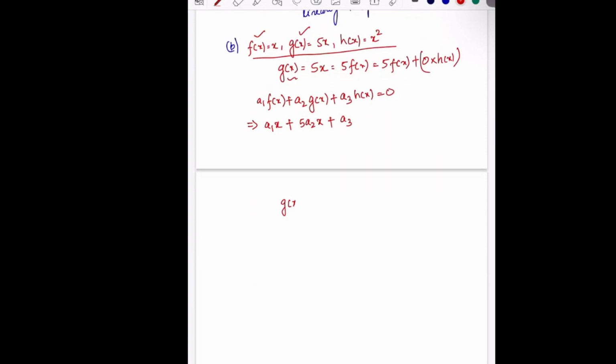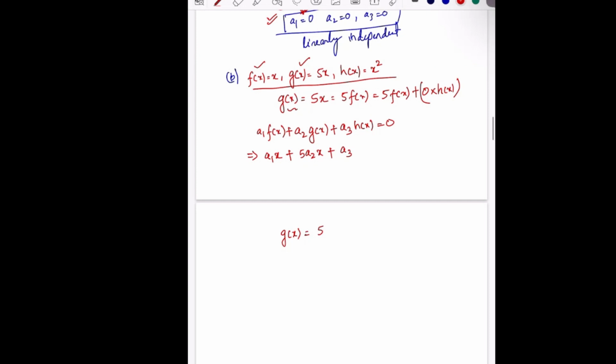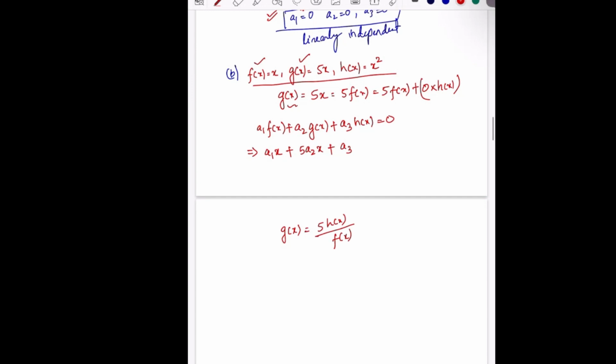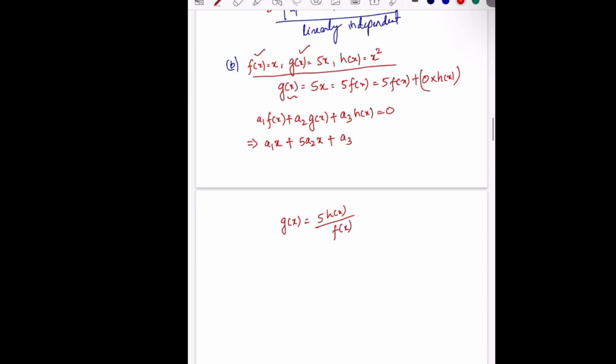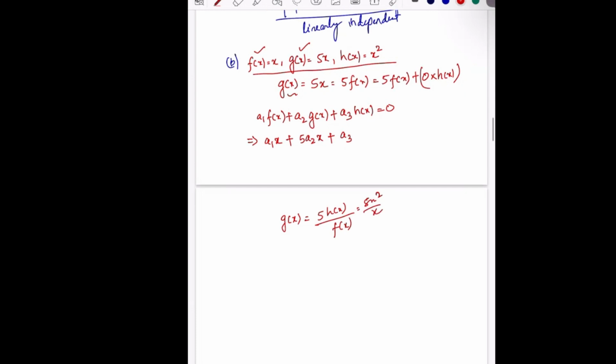G of x equals 5 times h of x upon f of x, by dividing h of x and f of x, it will be equal to 5x. Okay, you can also write it this way. So g of x is dependent on the other two functions. You can write that. Okay.